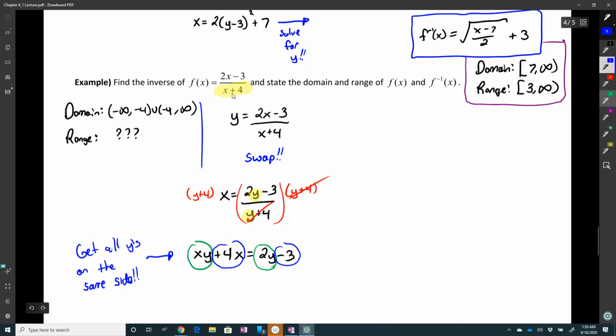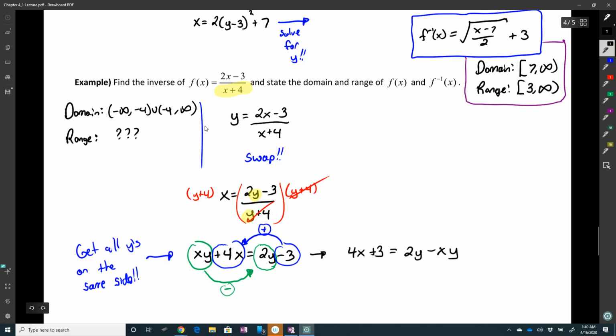So what I'm going to do is, let's see, which side would look better? Okay, I'm going to move this over here. It's a positive, so I'm going to have to do it with subtraction. I'm going to move this over here. It's minus, so I'm going to have to do that with addition. So when I do that, I get 4x plus 3 is equal to 2y minus xy.